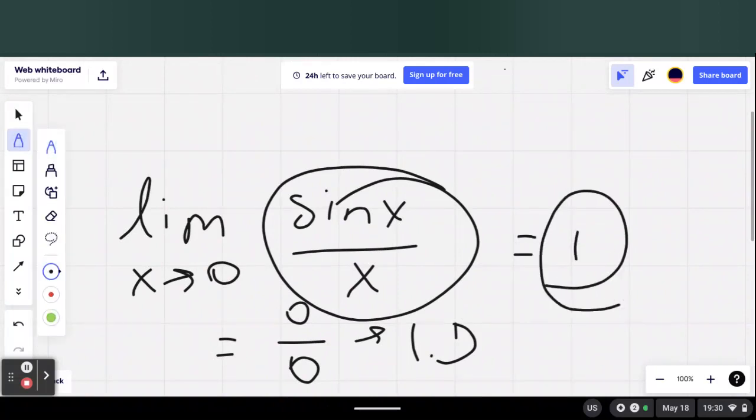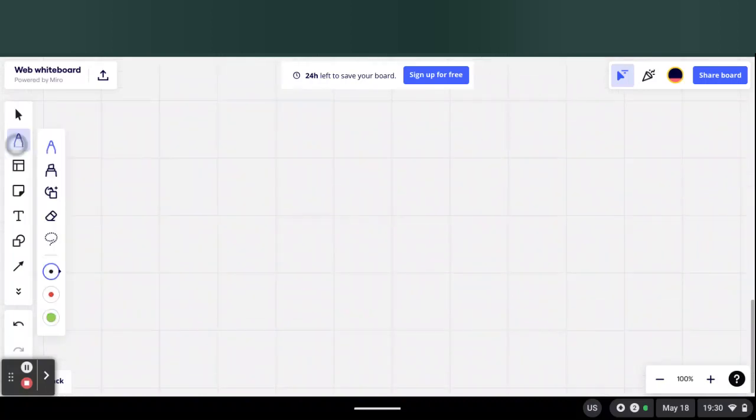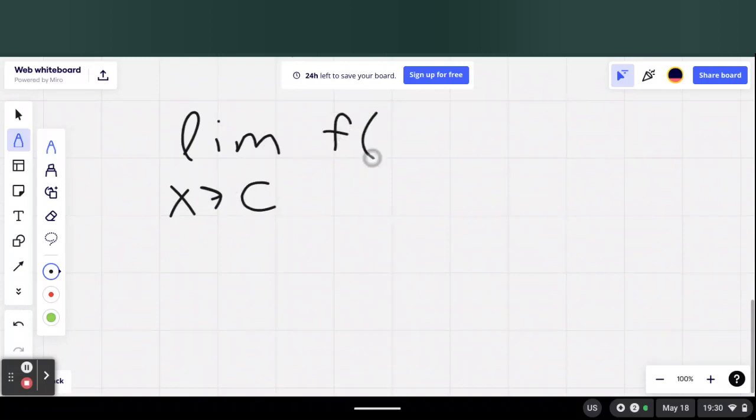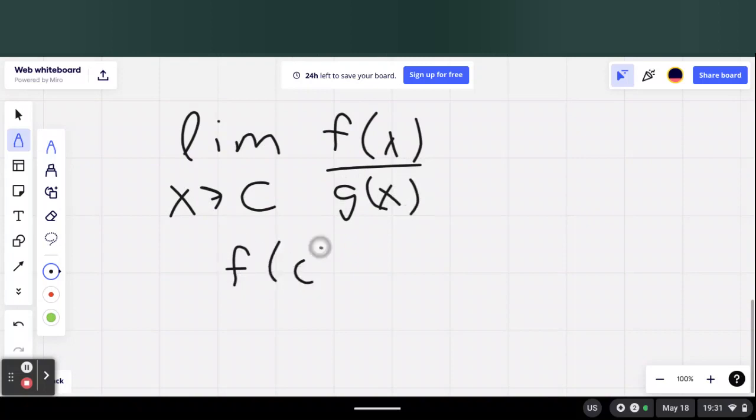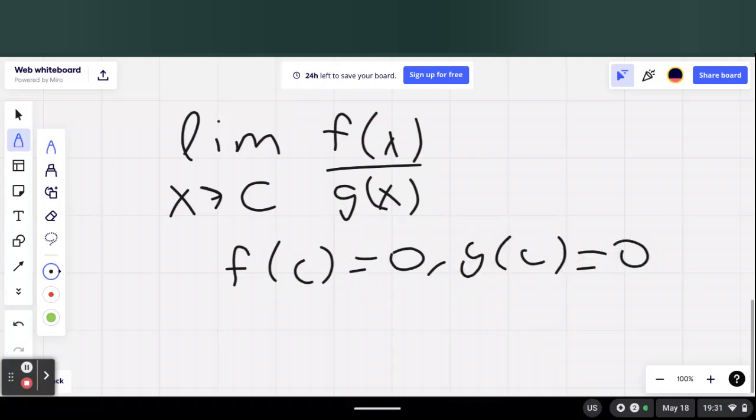We found this only because we were able to apply L'Hopital's rule, which says that you take the derivative of both the numerator and denominator in order to find the limit. If we want to generalize this, let's say I have the limit as x approaches a constant c of f of x over g of x, where if I do direct substitution, f of c is equal to 0 and g of c is equal to 0 as well.